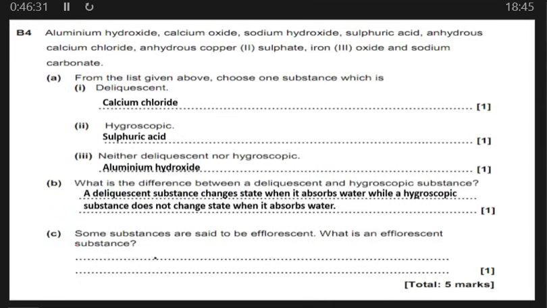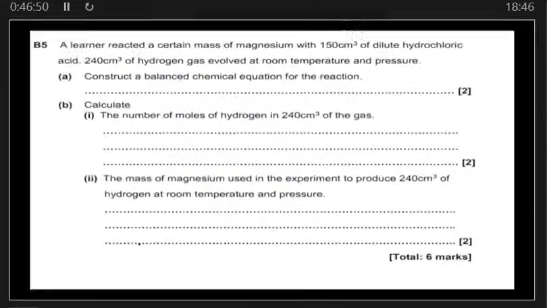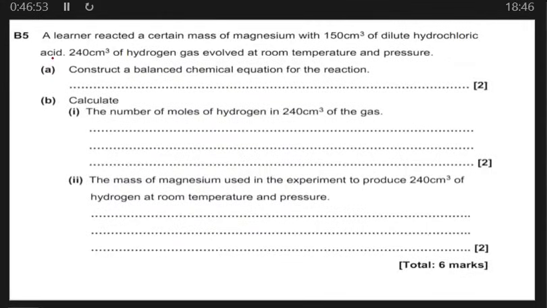Then C, some substances are said to be efflorescent. What is an efflorescent substance? So we are saying these are substances that lose water of crystallization to the surrounding. Let's go to another question, which is question B5.